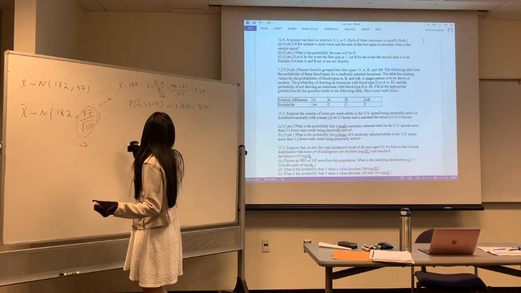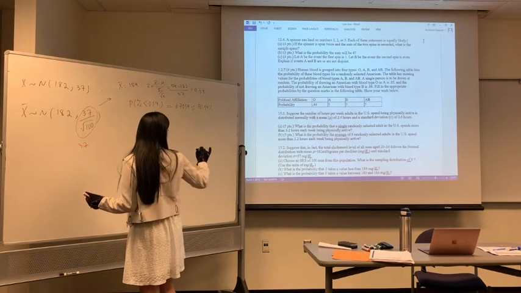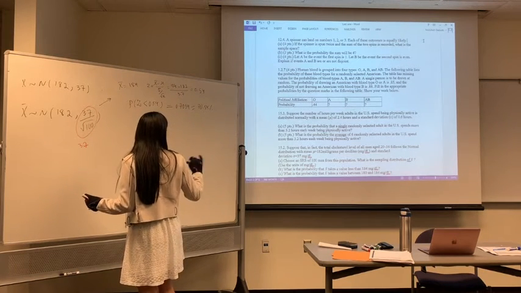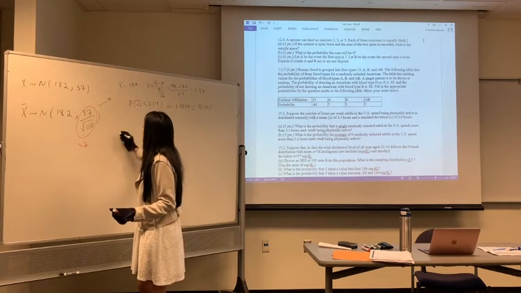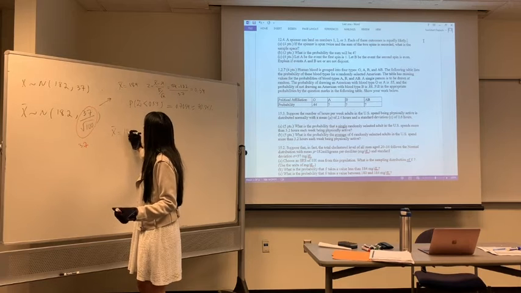So the next question says, now let's see what is the probability between these two values. We already calculated X bar 184, so let's calculate X bar 180.